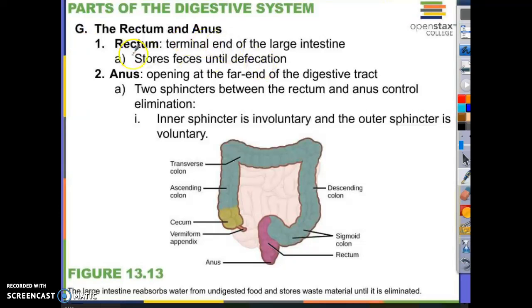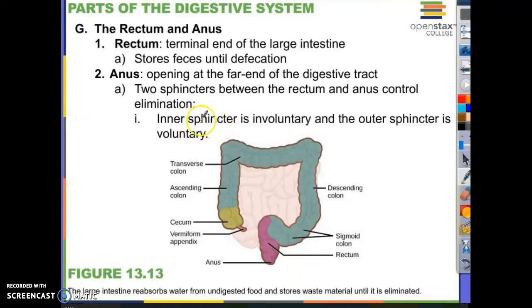So the rectum is at the very last part of that large intestine. The way that food moves through here is that it enters the large intestine on this side, goes up the ascending colon, across the transverse colon, and then moves down into the rectum and leaves the body here.